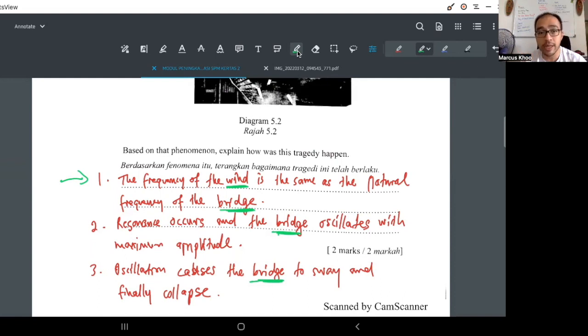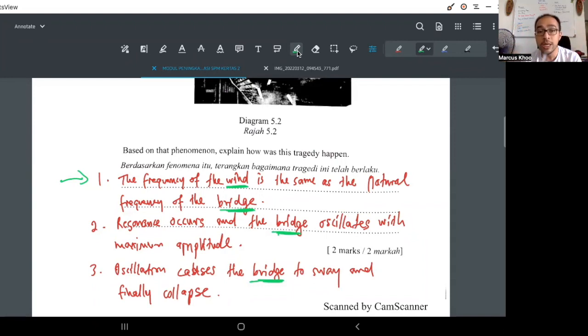Okay, let's look at this answer. The frequency of the sound from the singer is the same as the natural frequency of the glass. Point number one. Point number two, resonance occurs and the glass oscillates with maximum amplitude. We don't change anything except for the cause and the effect.